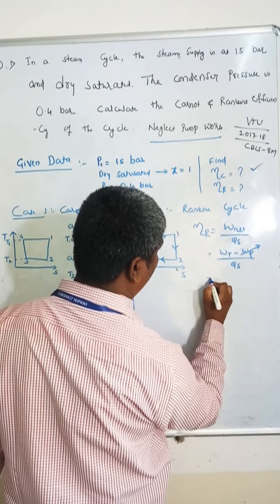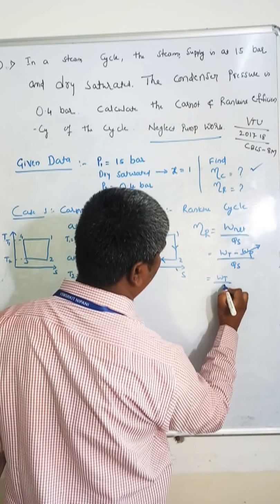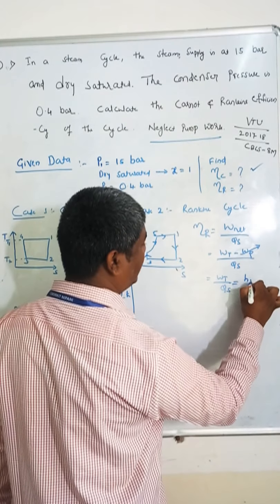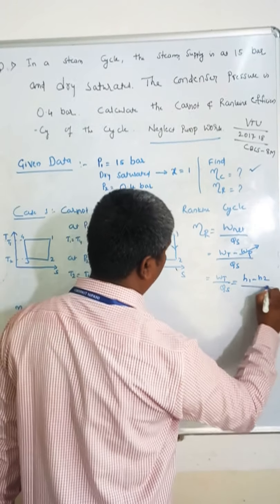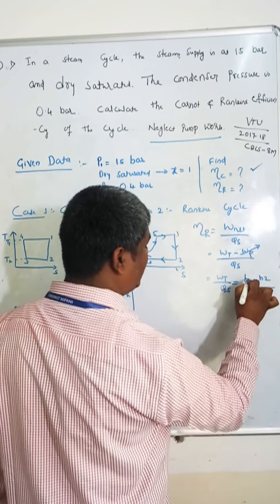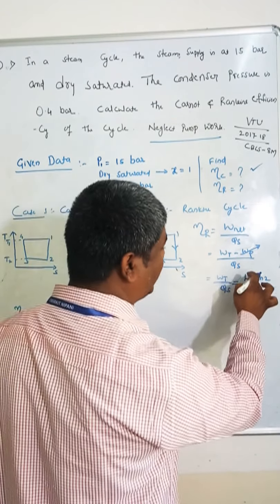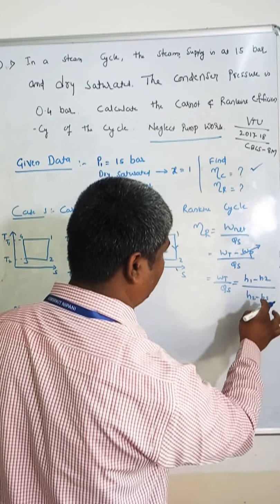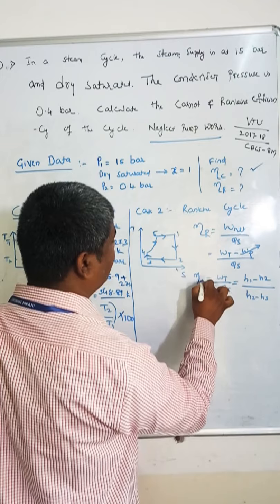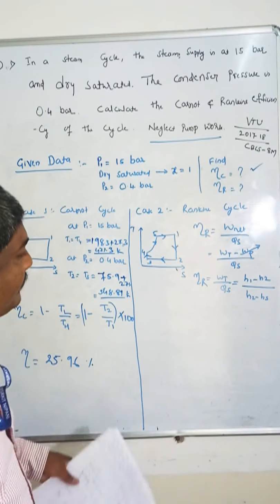So you will get only WT divided by QS. What is WT? H1 minus H2. Pump work neglected. What is the heat supplied? H2 minus H3. So if you find H1, H2 and H3 and substitute here, you get the Rankine cycle efficiency.